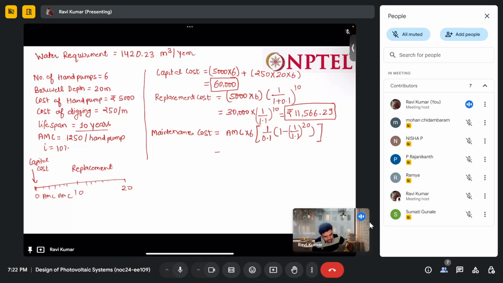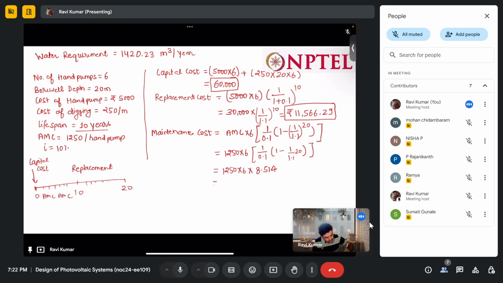And if you do so, our AMC is 1250 into 6, 1 upon 0.1, 1 minus 1 upon 1.1 to the power 20. I am writing here only. And if you calculate how much you are getting, 1250 into 6, and this factor we get 8.514.